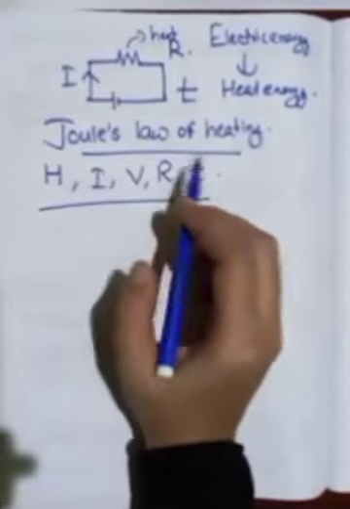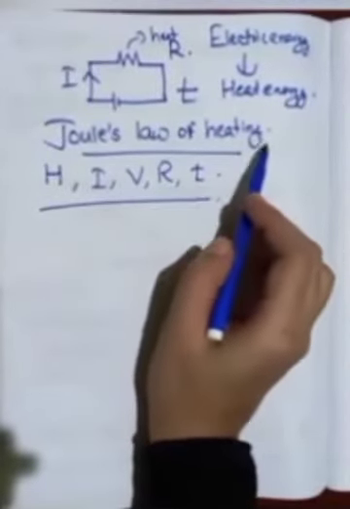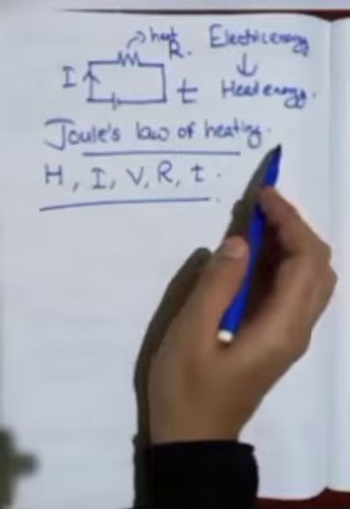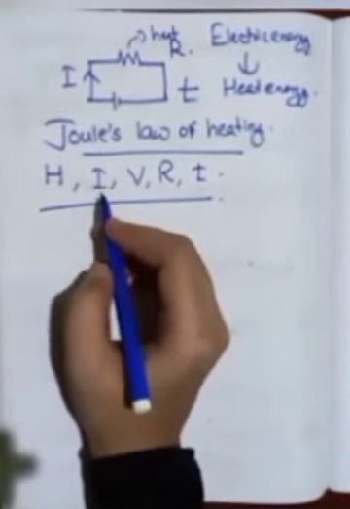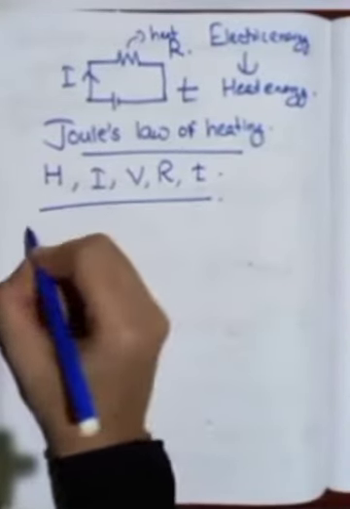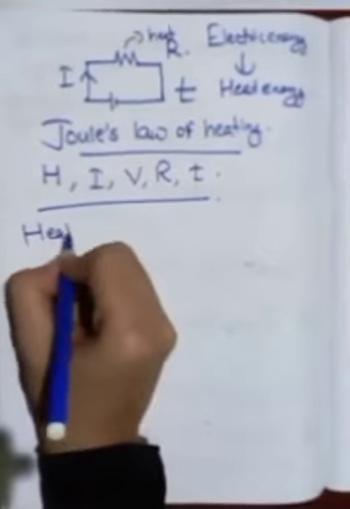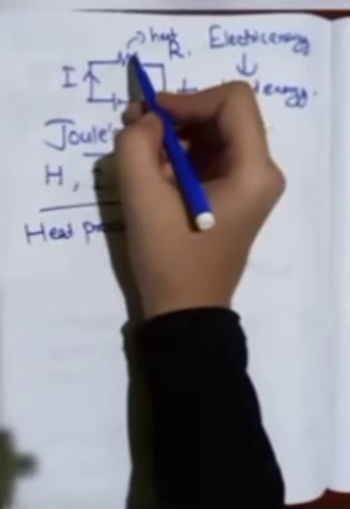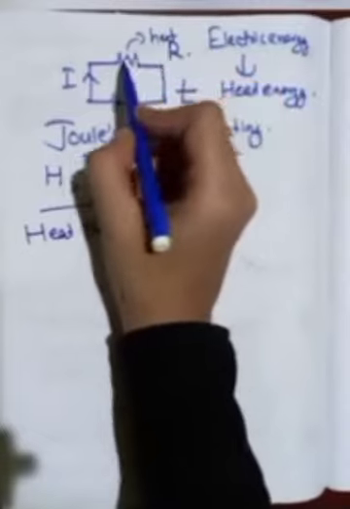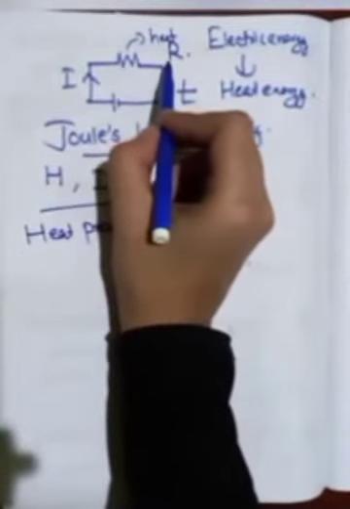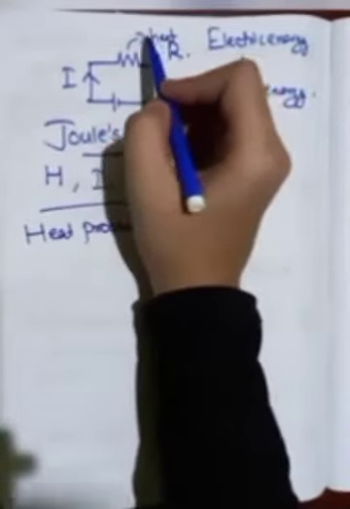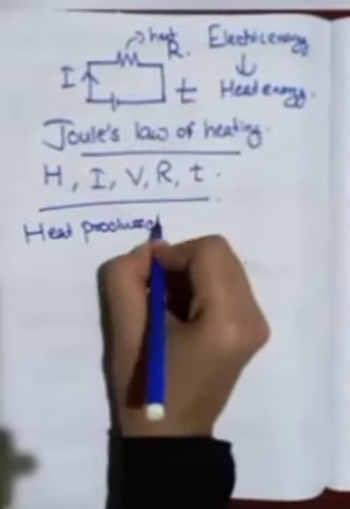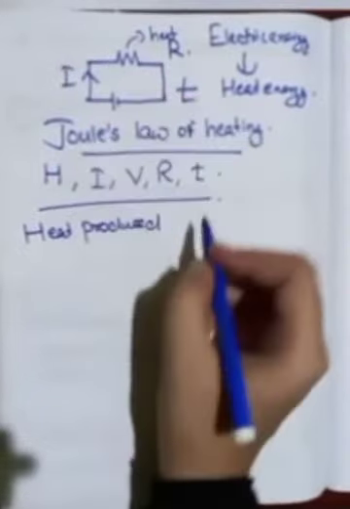Okay. Then Joule's law of heating states that the heat produced in a resistor is directly proportional to the square of the current. I already said that some of the current is converted into heat here.